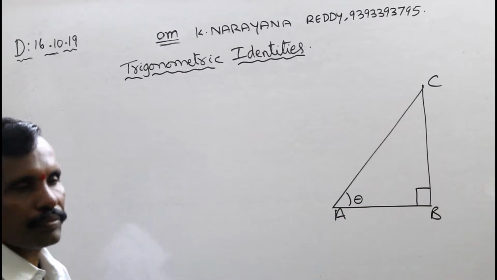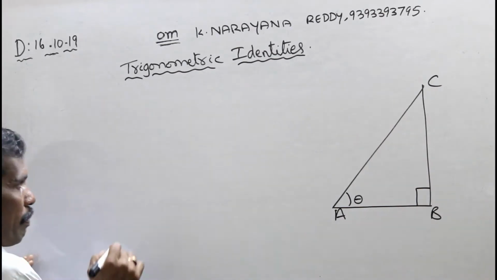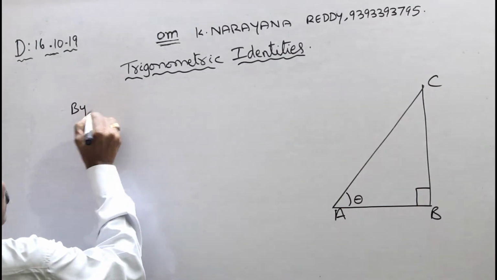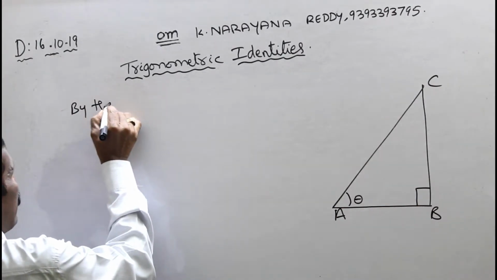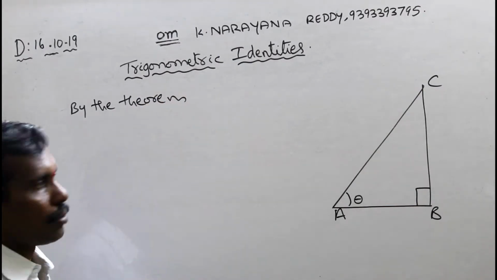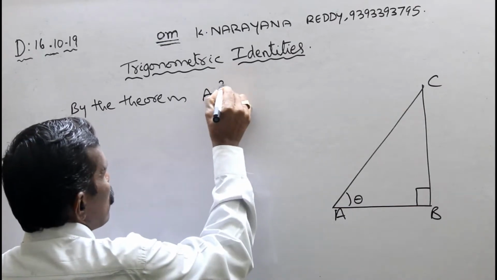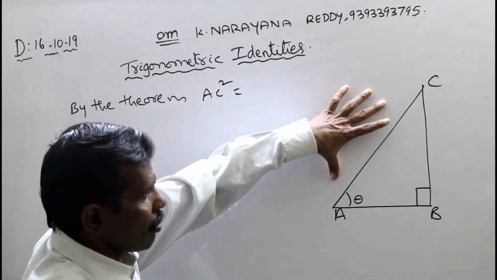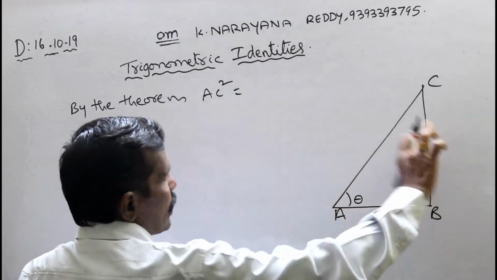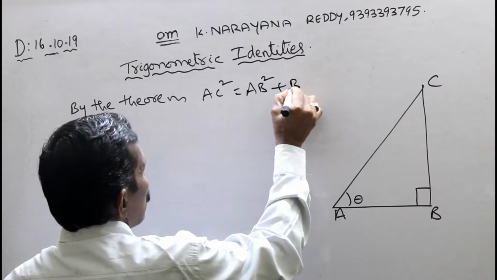Now, by Pythagoras theorem, diagonal square equals, diagonal square means AC square equals side square plus side square, AB square plus BC square.